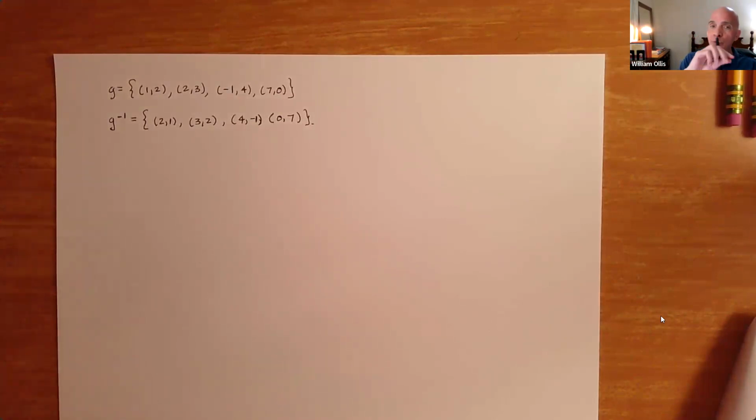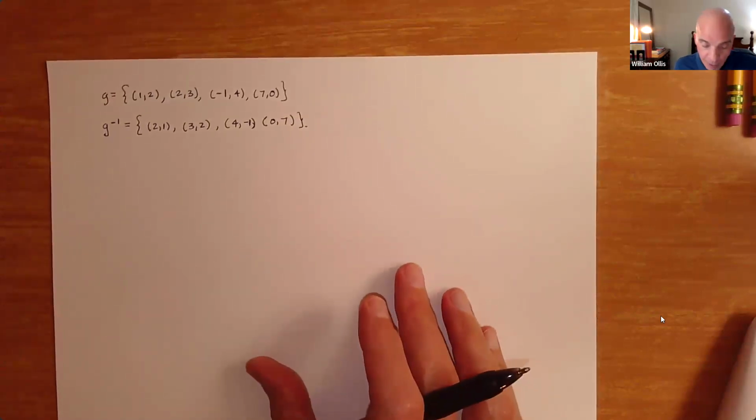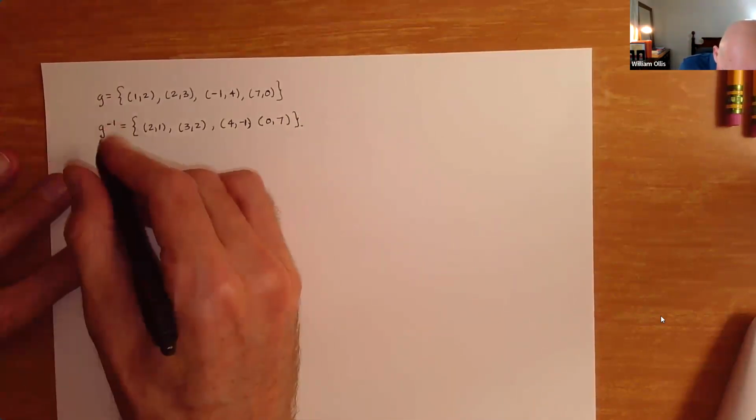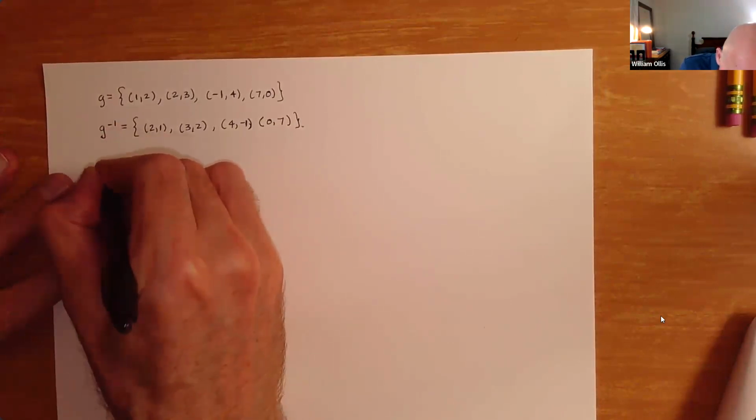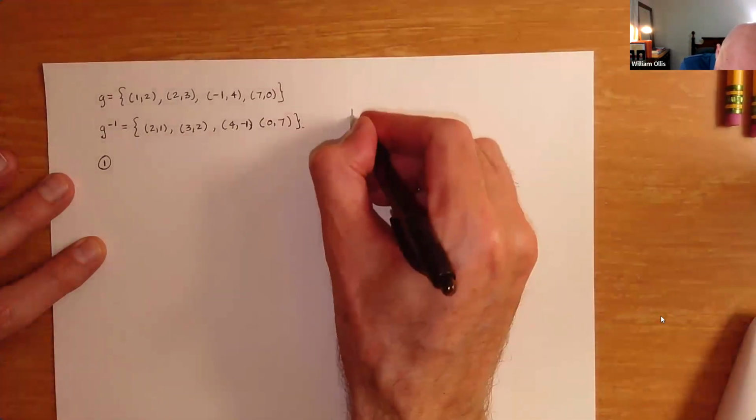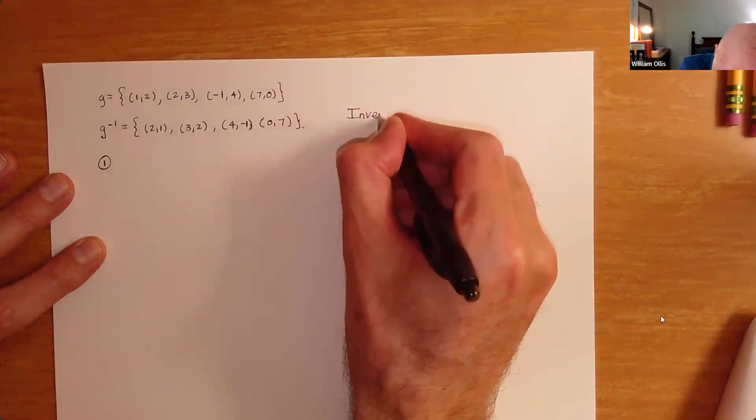That is, if you think of composing the forward path and the reverse path, you should get an identity function. Let me show you what I'm talking about. So this is what we call inverse rules.